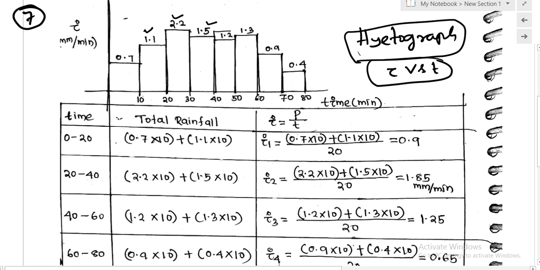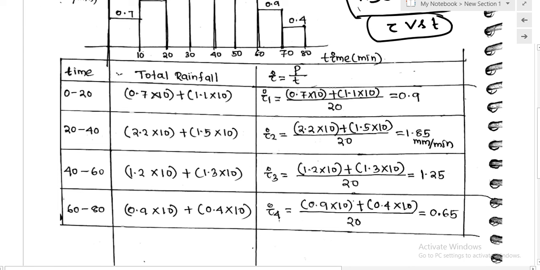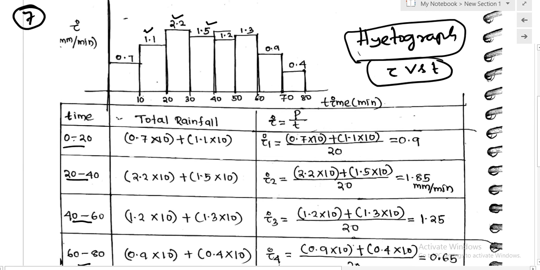Now you have to find out for the 20 minute duration, so 0 to 20. Then 20 to 40, 40 to 60, 60 to 80. The total 80 minutes duration is divided into 20 minute durations. Now what is the total rainfall within the duration 0 to 20?